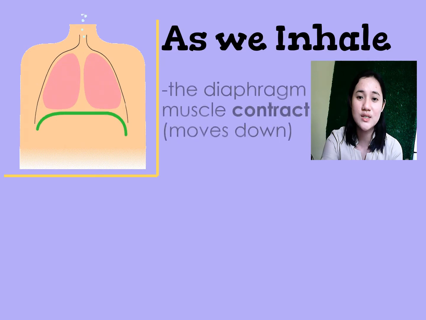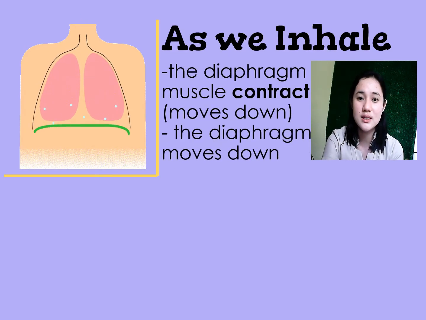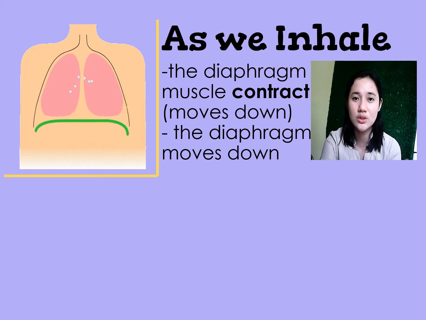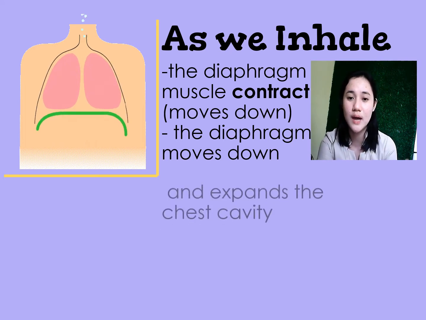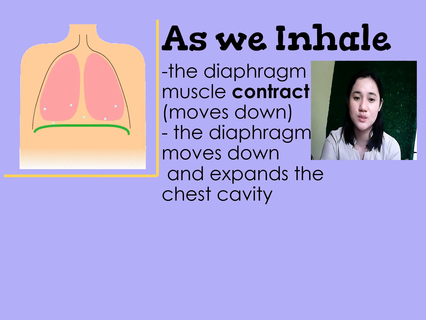That means it requires a greater amount of space to accommodate the air inside. So, as we inhale, okay, the diaphragm muscle contracts. Again, when we say contract, it moves down. The diaphragm moves down and the chest expands.